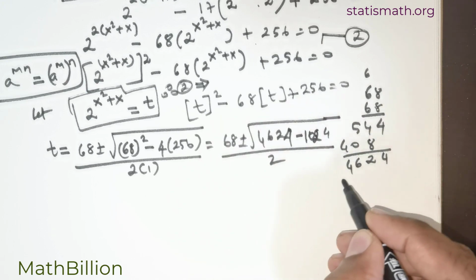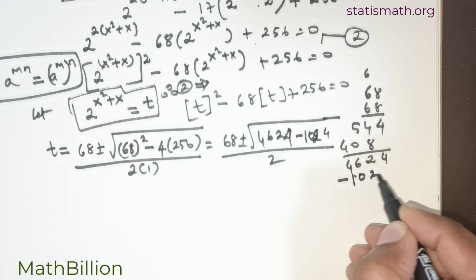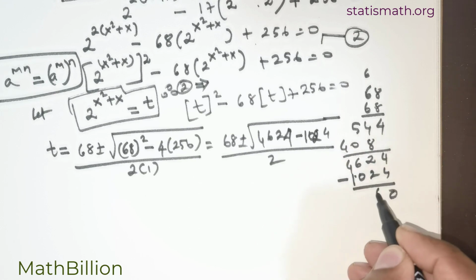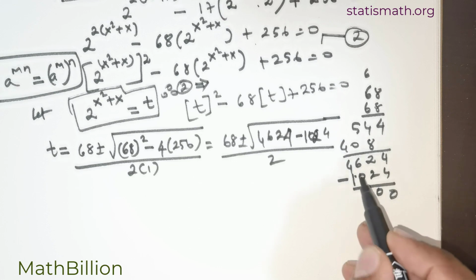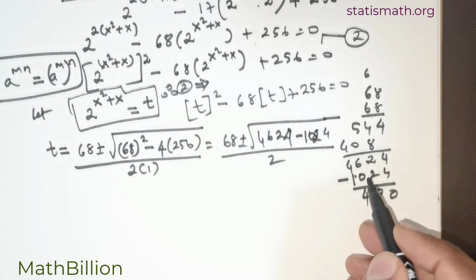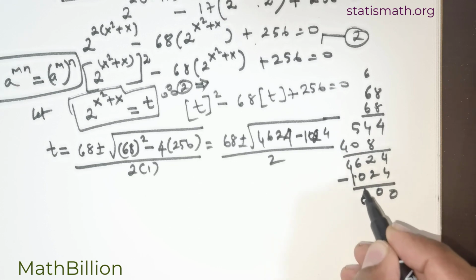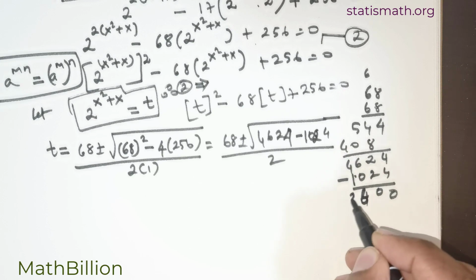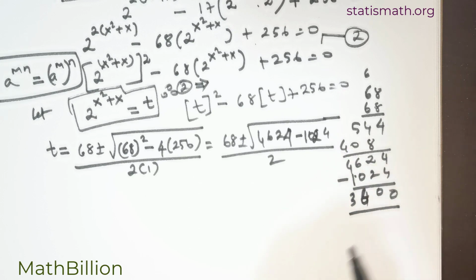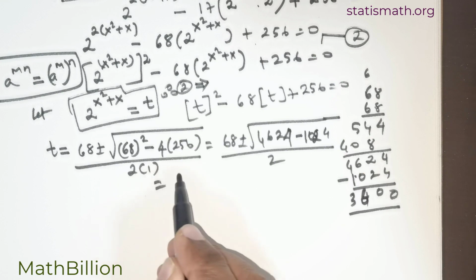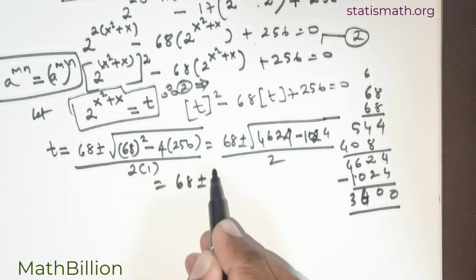So 4624 minus 1024, what do you get? This is going to be 6, not 4. So from 4 you take away 1, you get 3. So you get 3600.